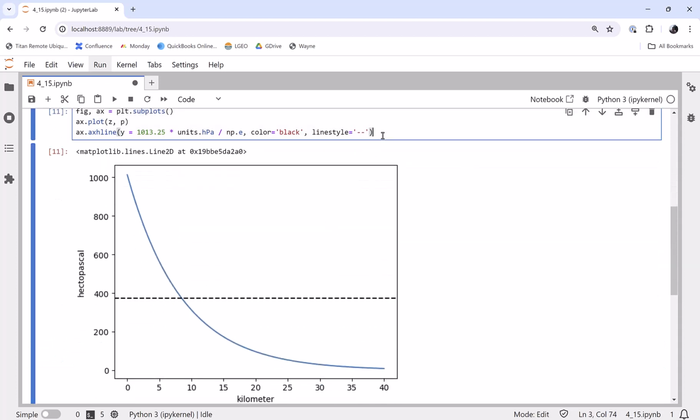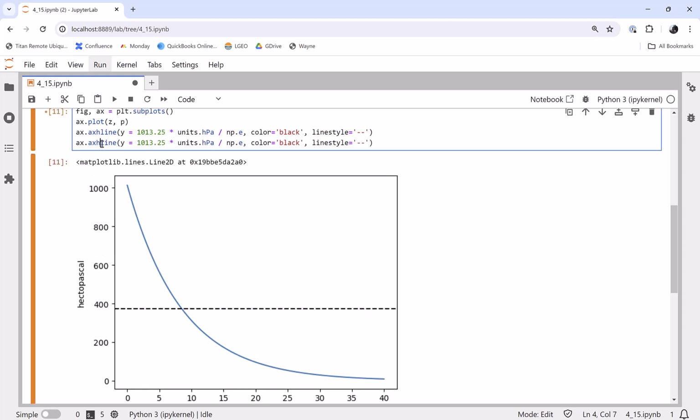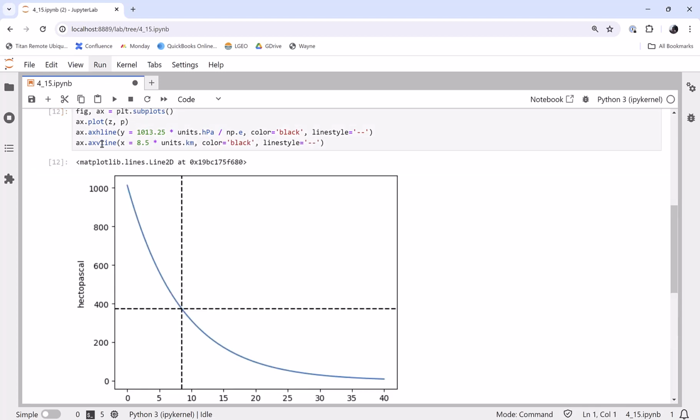Okay, and now we will copy that and make a vertical line. Instead of y equals, now it's going to be x equals, and I'm going to put that at our scale height, which was 8.5 kilometers. And we see those lines intersect right on our pressure curve.